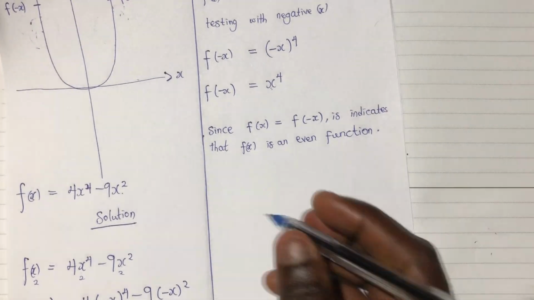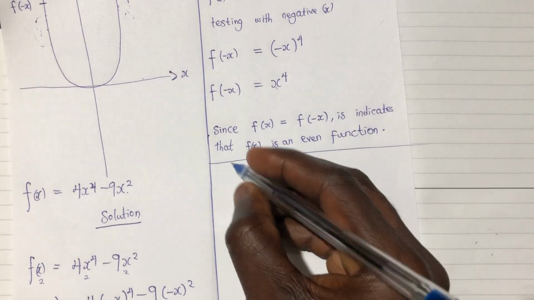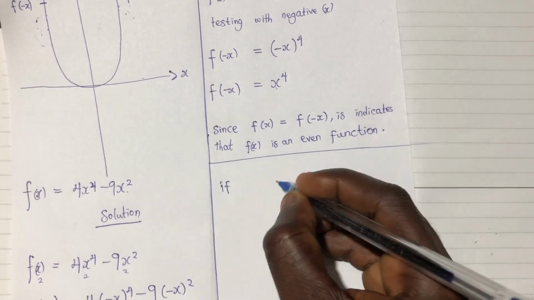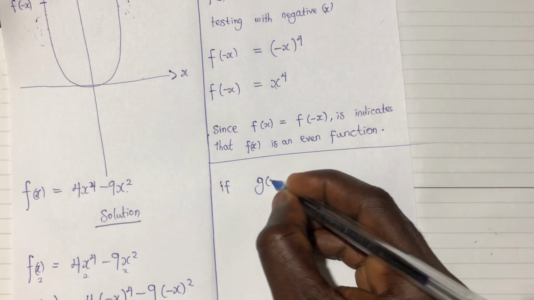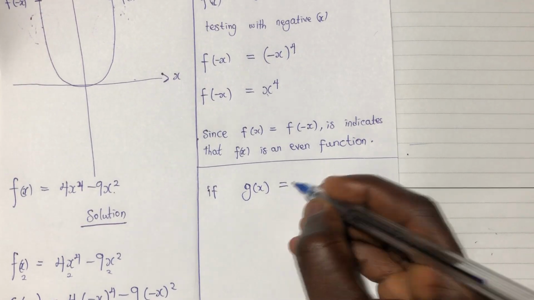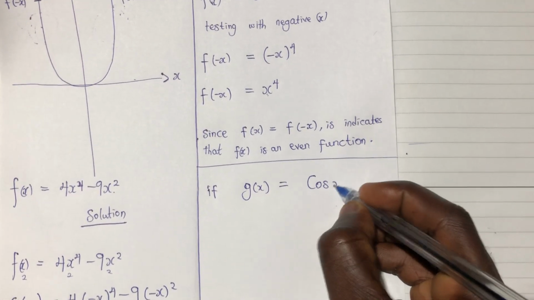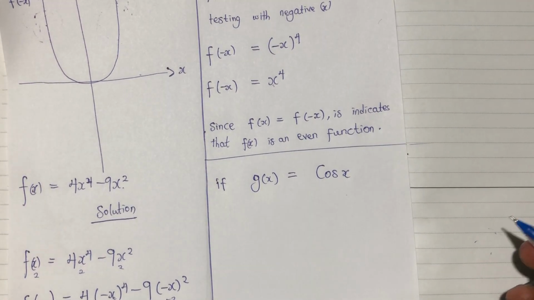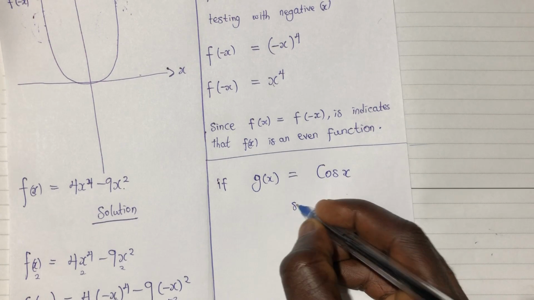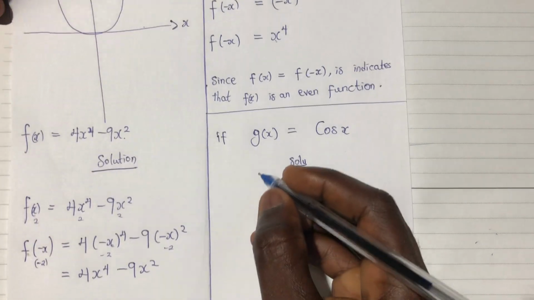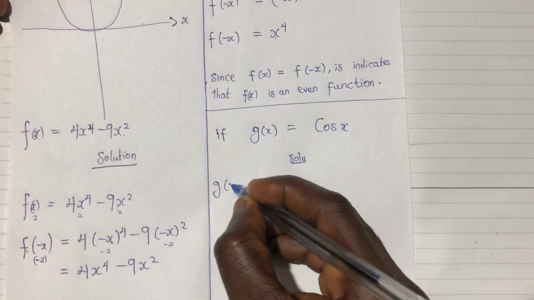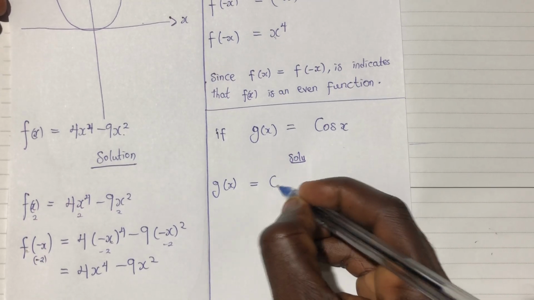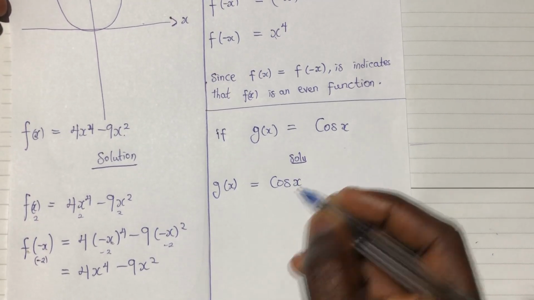So we can take another example. Let's say they said if g of x equals cos x, show that g of x is an even function. So the solution will be g of x equals cos x.